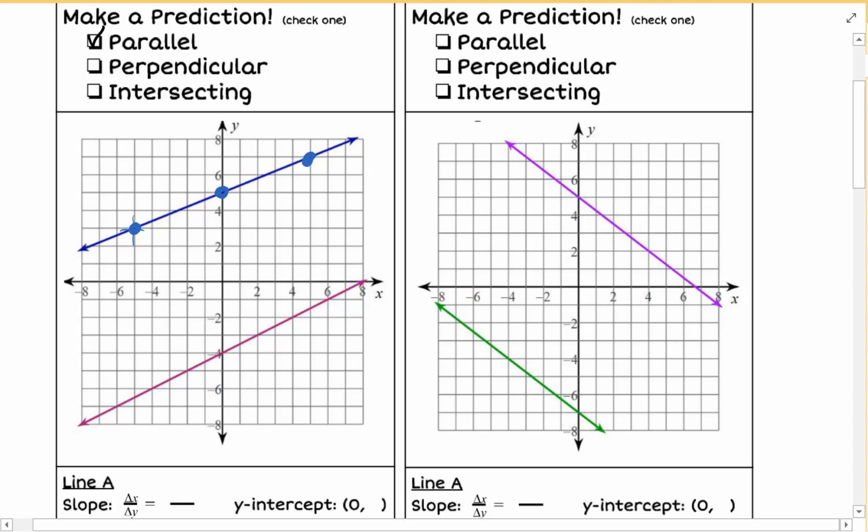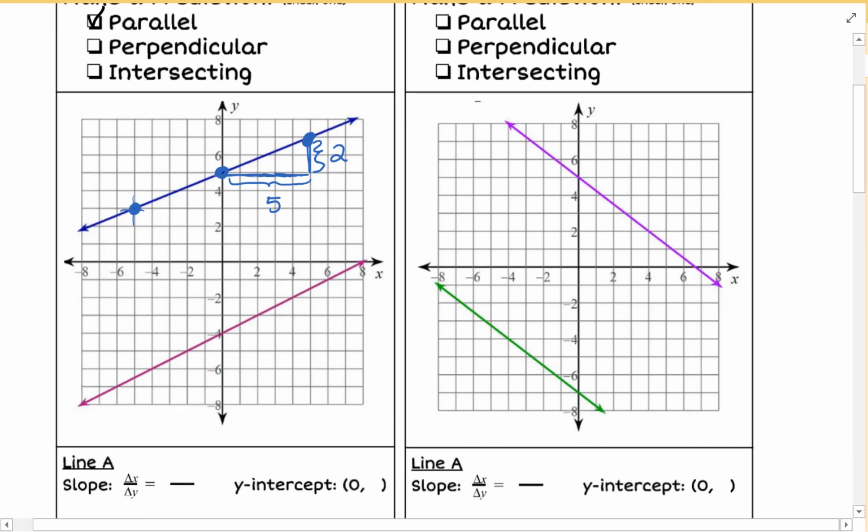Okay, so I'm going to draw a slope triangle between these 2 points, and the base of that will be delta x, so that's 5 units, and the height will be delta y, that is 2 units. As we look at this line going from left to right, it is steadily increasing.